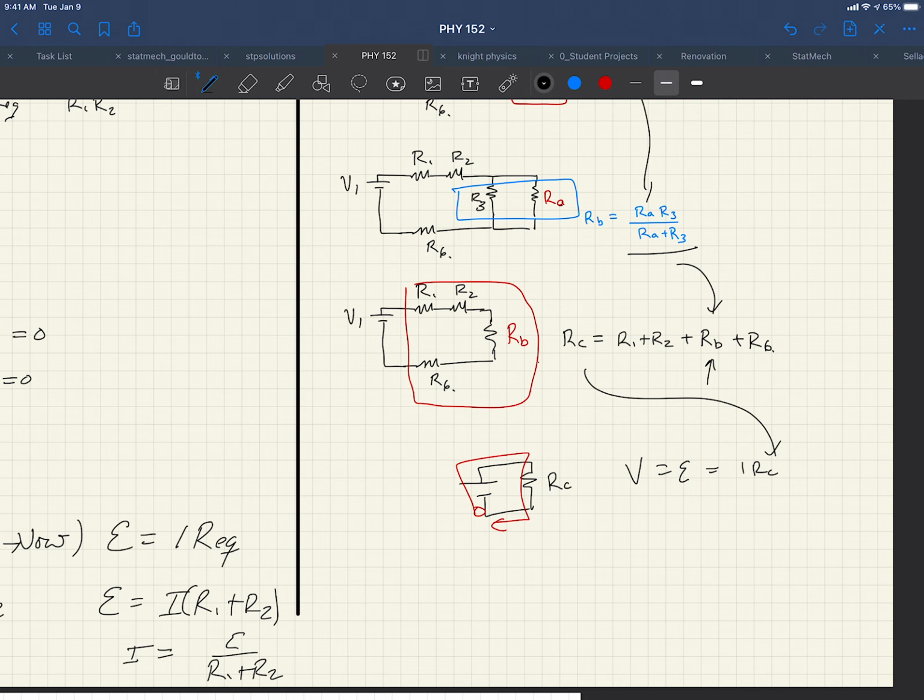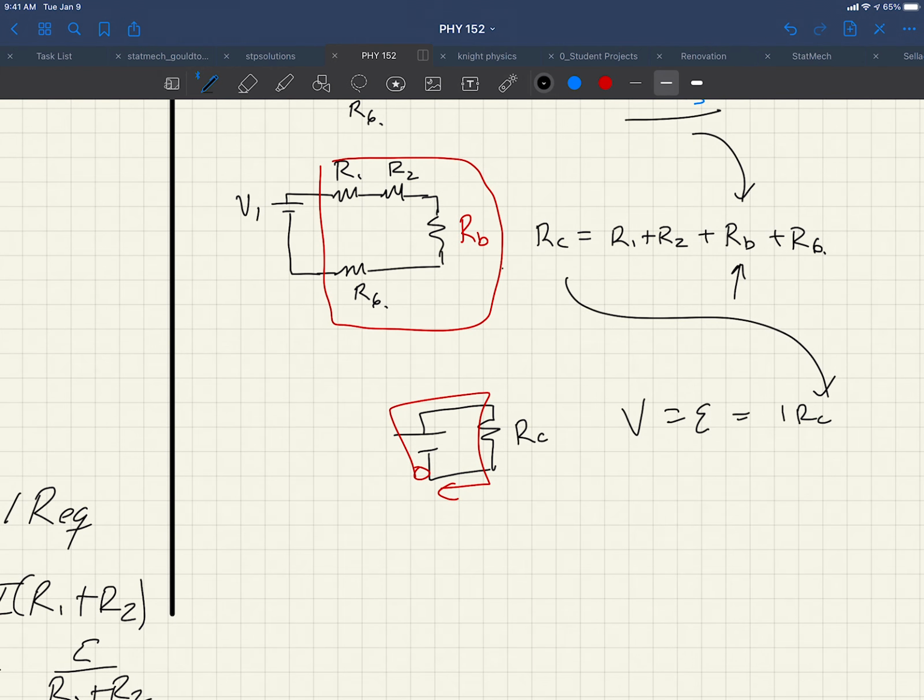What do you want to do in the circuit in your problem? Well, you don't have to do this method. It's perfectly fine to do it with just straight up algebra. But if you want to do the method, this is what you're looking at. So once you combine this into an equivalent circuit, it's going to look something like this. And so what's going to happen here?